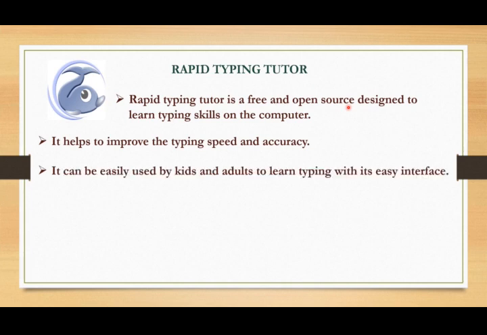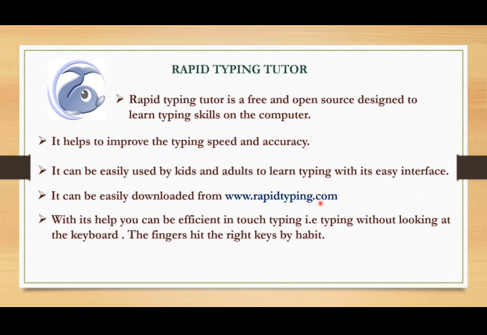And third, it can be easily used by kids and adults to learn typing with its easy interface, because this is user interface software. It can be downloaded from www.rapidtyping.com. This is the website from where you can download this software.